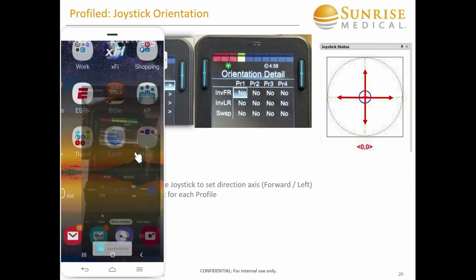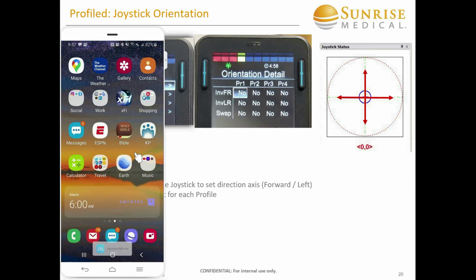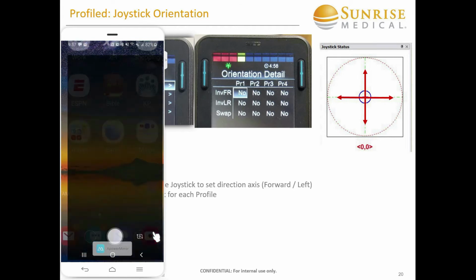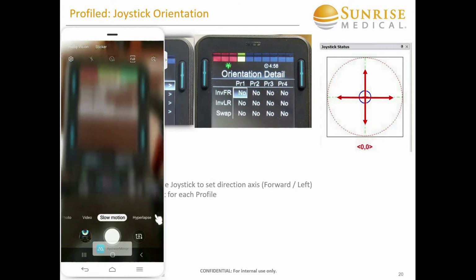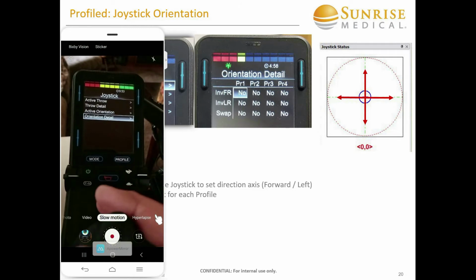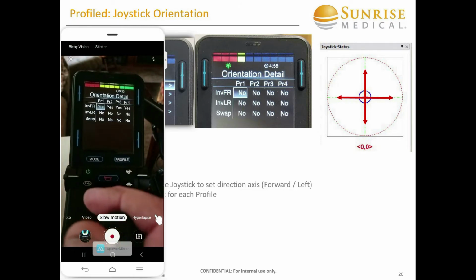Okay, we're going to move to orientation detail, and here you can see I have set the inverse forward and reverse setup as yes. So I've inverted the forward and reverse. I also have the ability to invert the left and right, or I can swap.